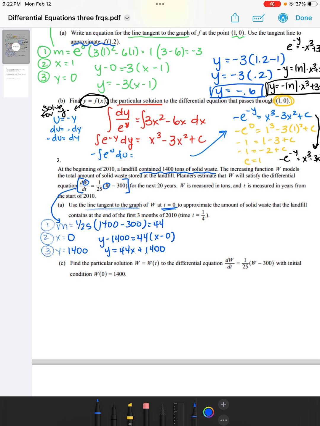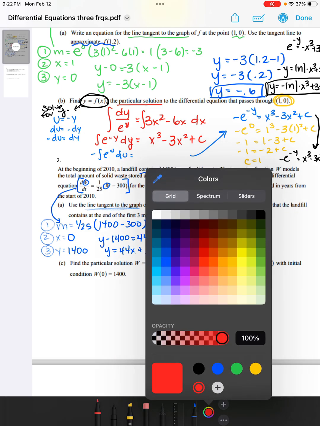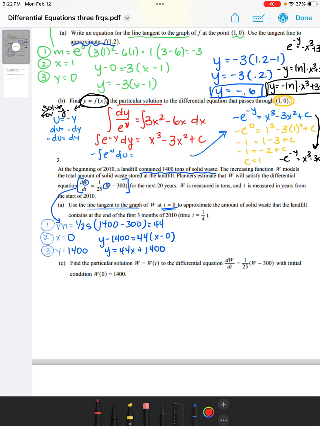Now we are going to use this to help estimate the amount that it contains at the end of the first 3 months. So that gives us a time of 1/4. So y equals 44 times 1/4 plus 1,400, my initial starting amount.